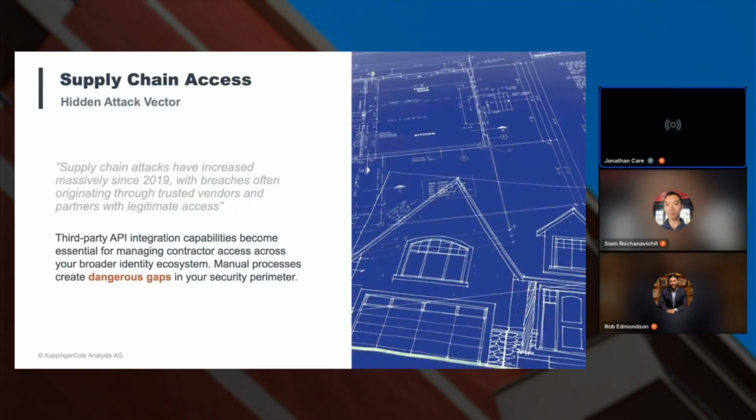I mentioned the supply chain, but I'd like to dig into that a little now. Supply chain attacks have increased dramatically since 2019, with breaches often originating through trusted vendors and partners who have legitimate access to systems.